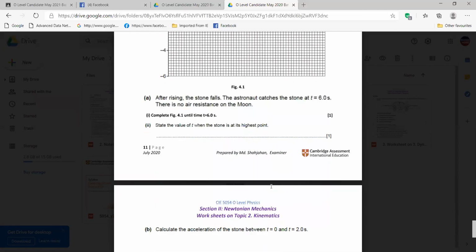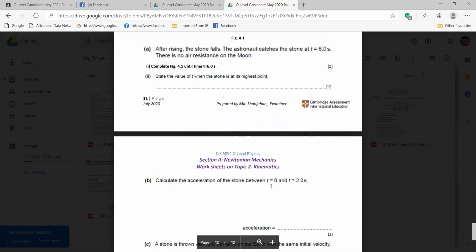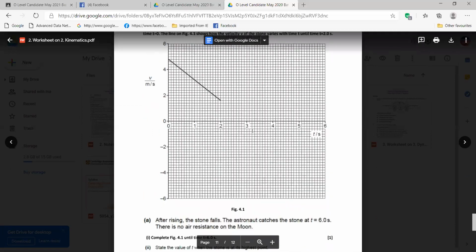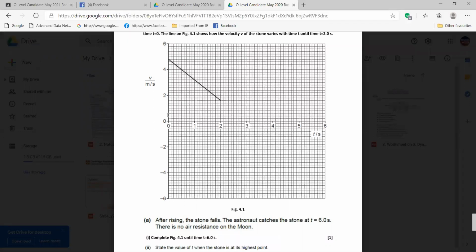Now calculate the acceleration of the stone between 0 and 2 seconds. Here you have the initial velocity and final velocity. Initial velocity is 4.8, right? Then check how much the final velocity is. It seems 1.6, right?